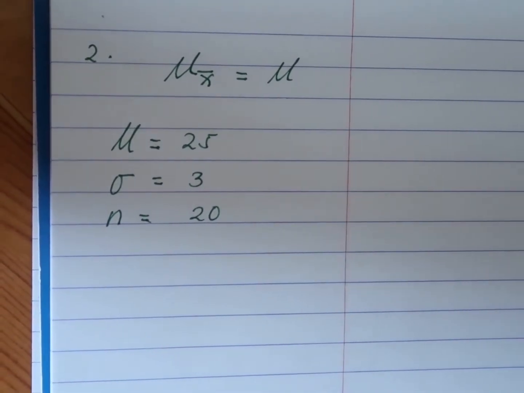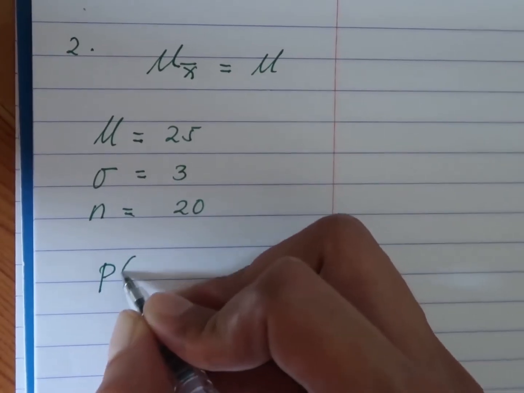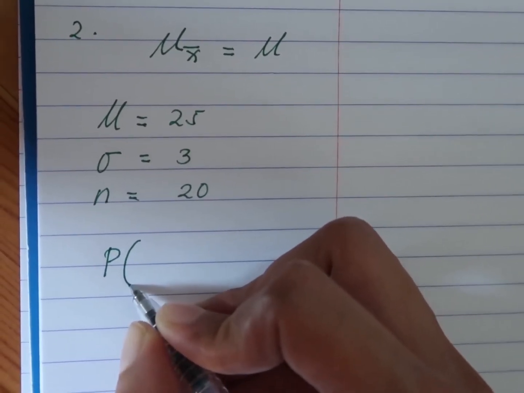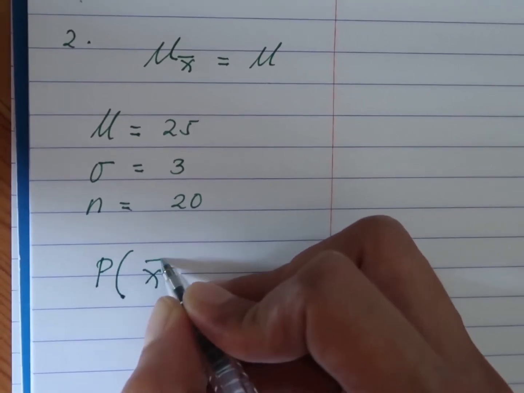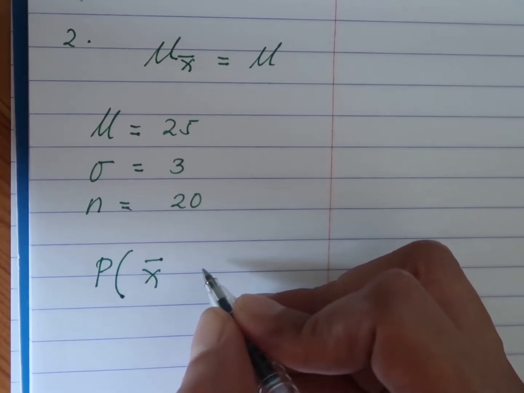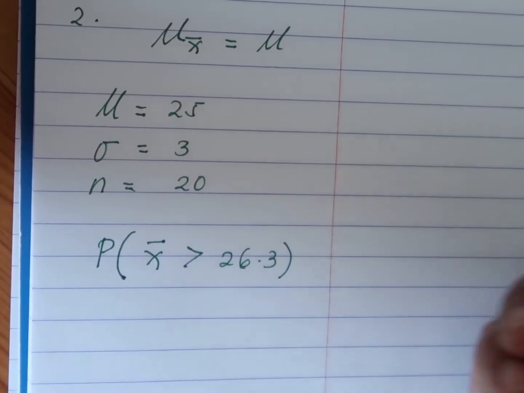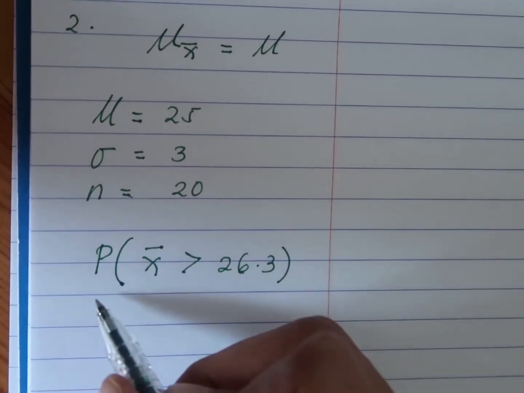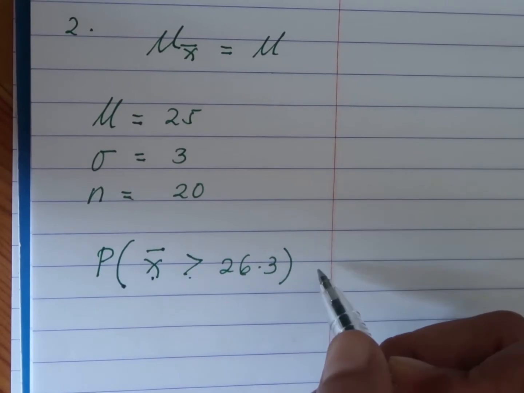So what is the unknown in the problem? The unknown is the probability that the mean of the number of hours is greater than 26.3.